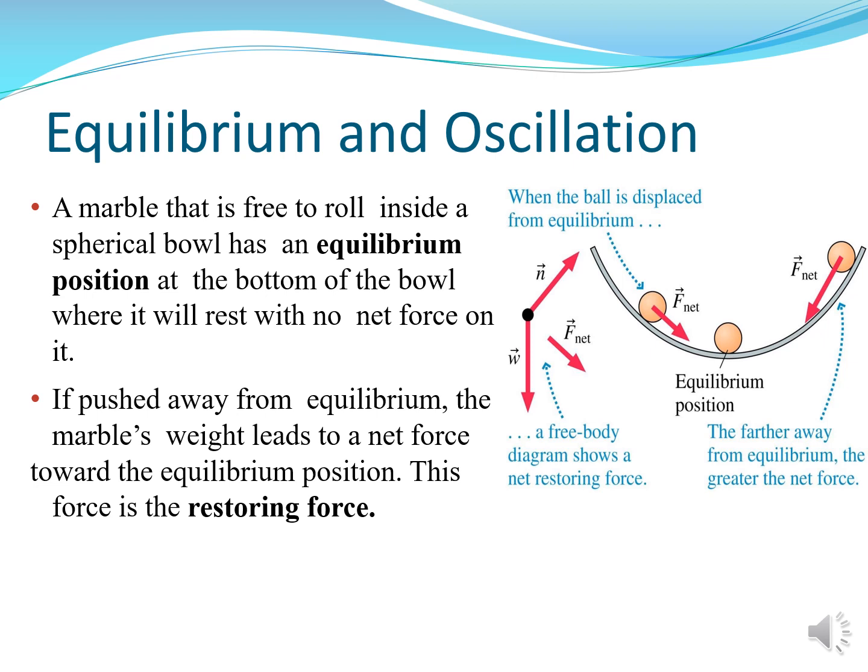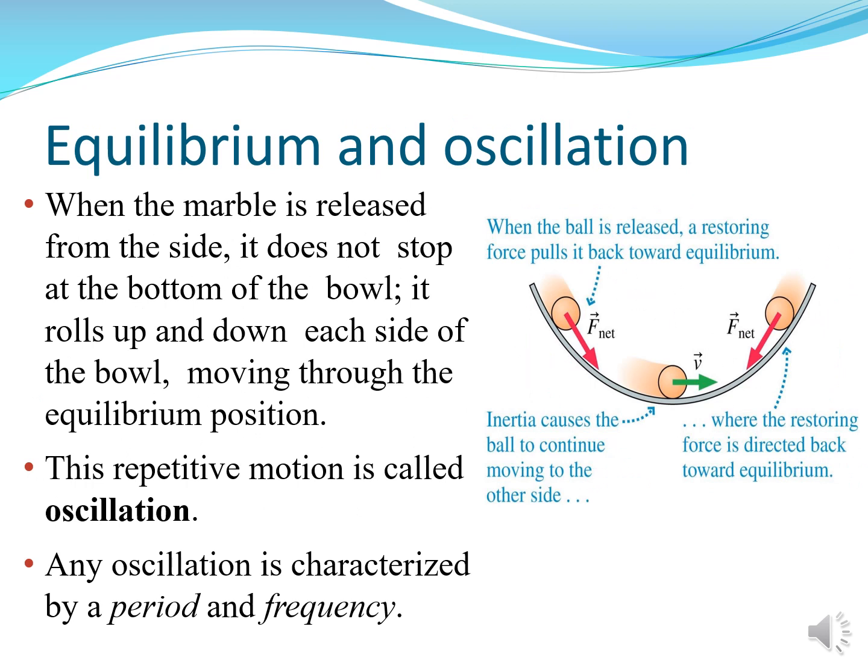Now, if pushed away from equilibrium, the marble's weight leads to a net force towards the equilibrium position, and this force is the restoring force. Now, when the marble is released from the side, it does not stop at the bottom of the bowl. It rolls up and down each side of this bowl, moving through the equilibrium position, and this repetitive motion is called oscillation.